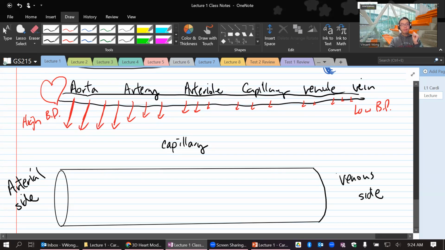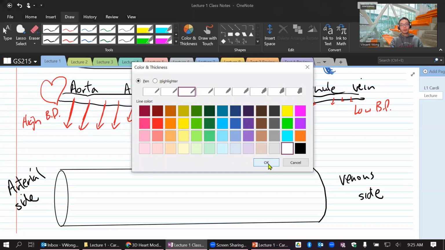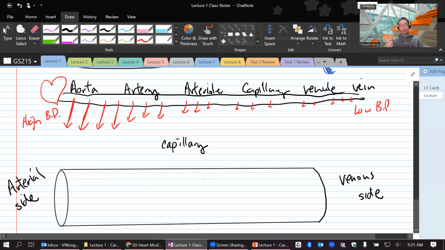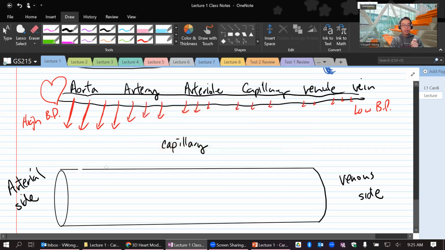Now I didn't really tell you about this earlier, but the capillary walls are not sealed, 100% solid like the tissue paper core here. They are actually porous. They are leaky, so there are gaps in them.